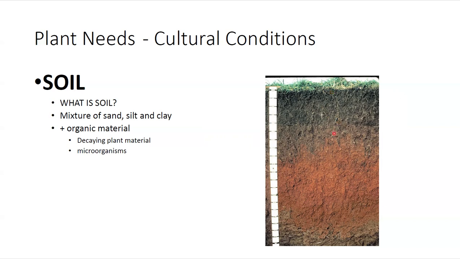The dicots can dive a little bit deeper, but really it's this darker brown area within the soil profile or the profile of the earth that is the soil, okay? And it is a combination of sand, silt, and clay and organic matter.